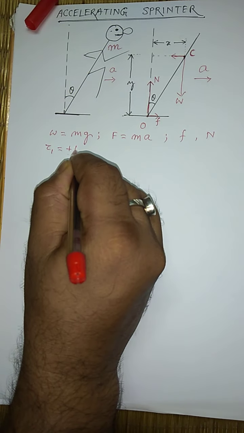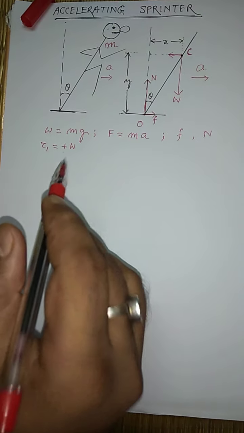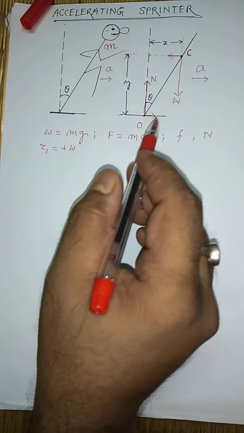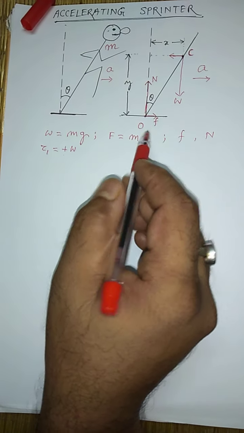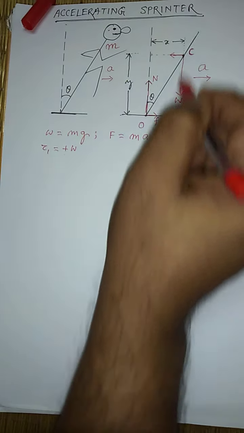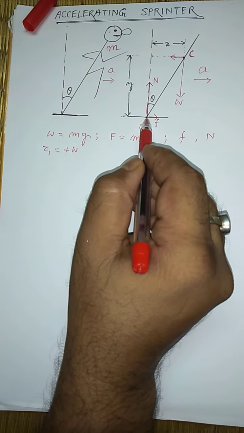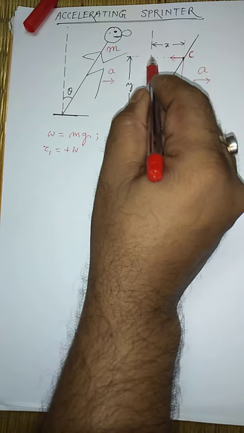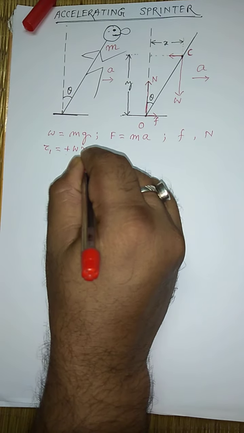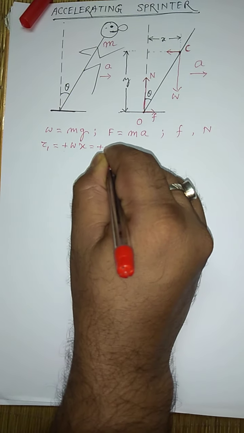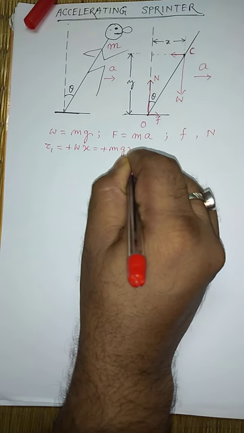The magnitude W multiplied by the perpendicular distance of the line of action of the force of gravity from the point of contact, and it's x, is equal to plus mgx.